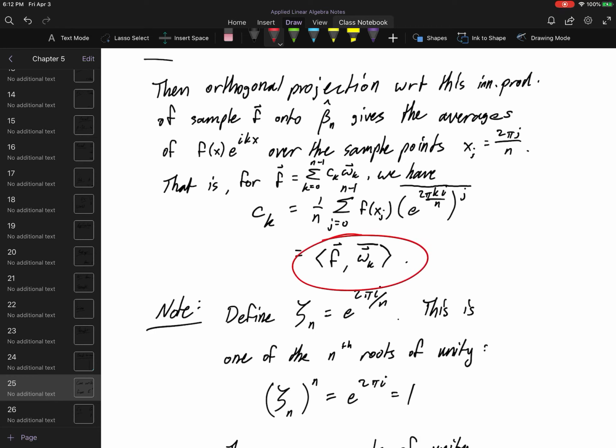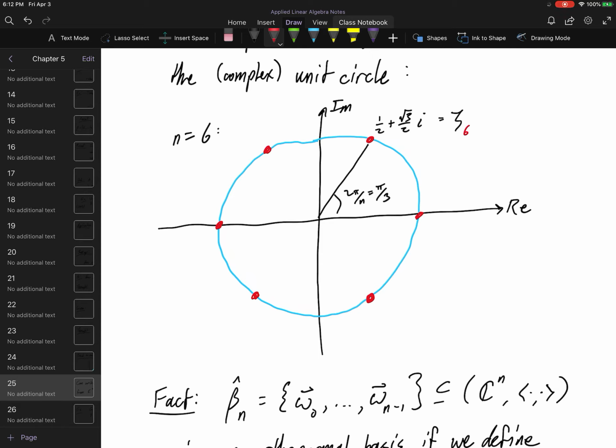So note that if I go ahead and define these zetas, in this case zeta sub n, this is going to be what I was doing up here. In the same spirit of the notation, this should be zeta sub 6. This is the first location after going around from 1 along the unit circle in the counterclockwise direction.